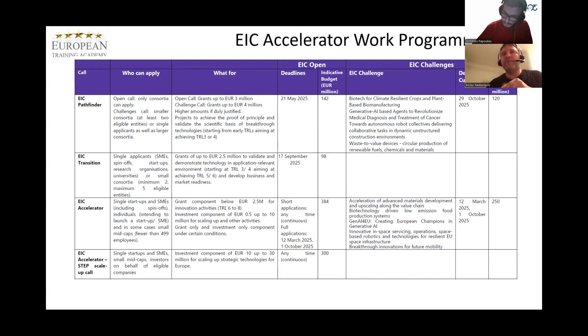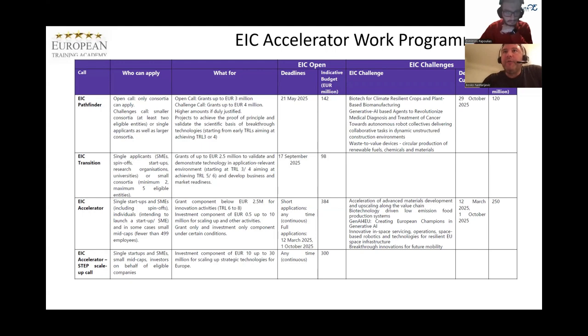So the Commission tried to address the problem by adding transition in the format as it is, and also adding a call under the widespread, if you remember the cross-cutting called widening.